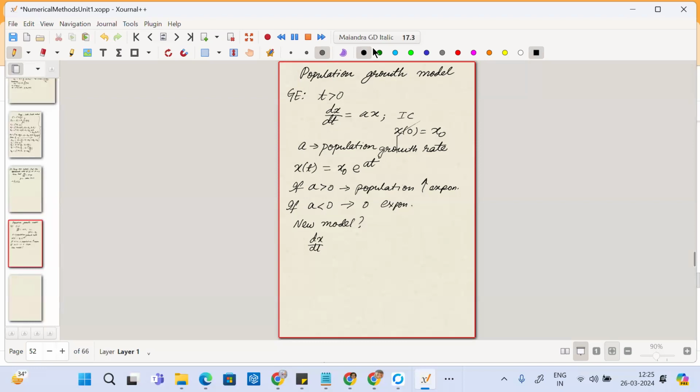His equation is like this: dx by dt equals ax times 1 minus x by p. All right. So he said that this model actually has a steady state. The number of those organisms can actually reach a steady state. And this we will try to solve using analysis as well as in Python.